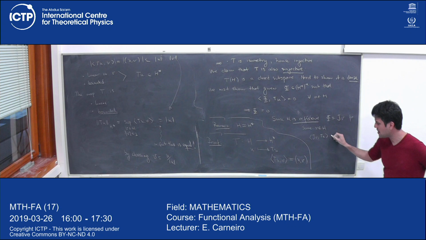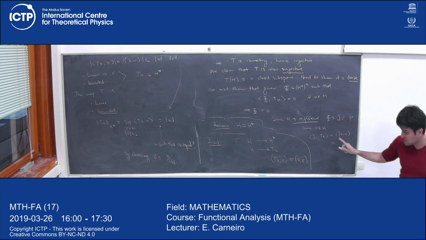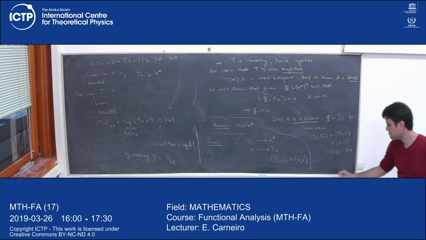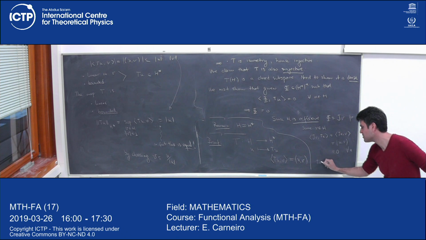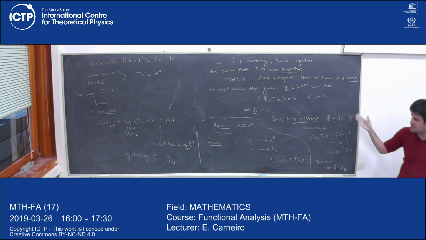By definition of the J map, this is Tu acting on v. Tu acting on v, by the definition of this pairing, is just the scalar product of u and v. So this is zero for all u. In particular, you can take u equals v, and hence this phi must be identically zero, and the space is dense.